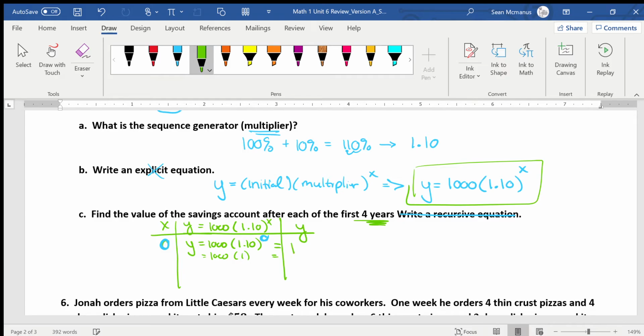So at year 0, I have $1,000. That makes sense. After 1 year, y equals 1,000 times 1.10 to the x power, but here x is 1. So if I plug that in my calculator, or I just multiply it by one time, I'll end up with $1,100.